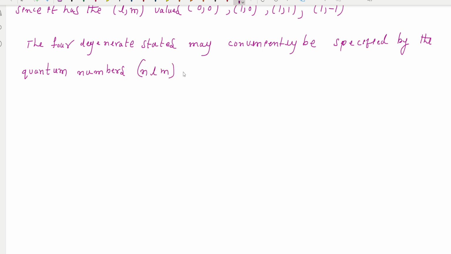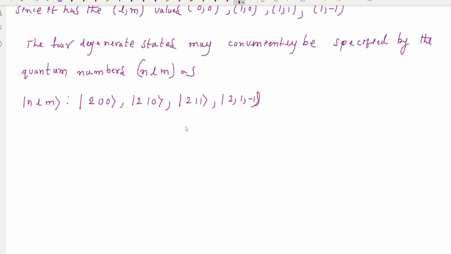Now you can understand what this quantum state is. Now we can use our first excited state number here in place of n: first one 2, 0, 0. Second one 2, 1, 0. Third one 2, 1, 1. Fourth one 2, 1, minus 1. So this is fourfold degeneracy.